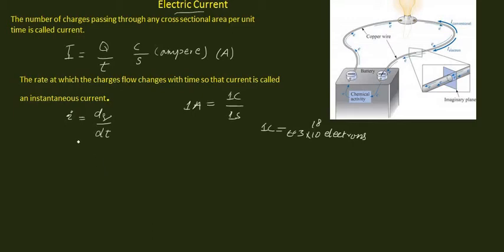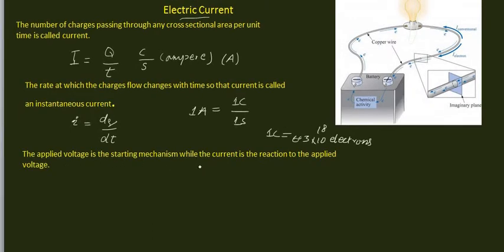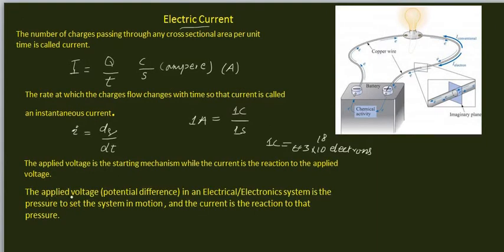We can say that the applied voltage is the starting mechanism, while the current is the reaction to the applied voltage. Or we can simply say that the applied voltage or potential difference in any electrical or electronic system is the pressure to set the system in motion, and the current is the reaction to that pressure.